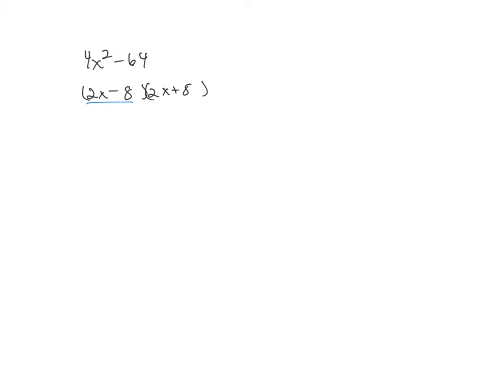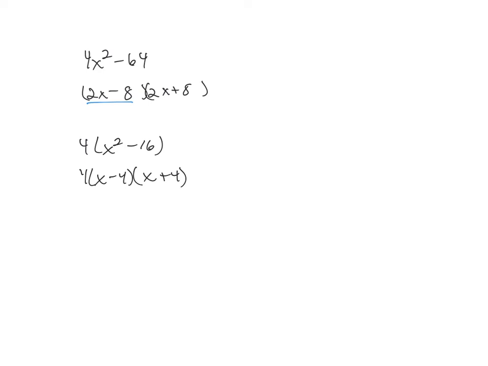It's not one that stands out in terms of, oh, what number can you divide 4 and 64 by? You always want the biggest one. But you can divide that by 4. And then you get x minus 4, x plus 4.